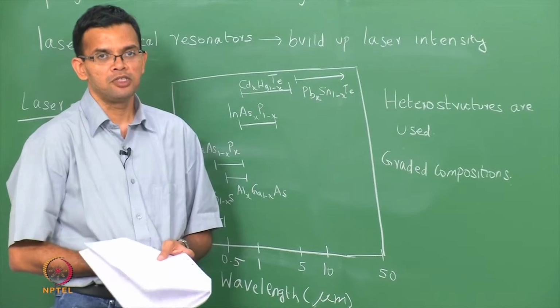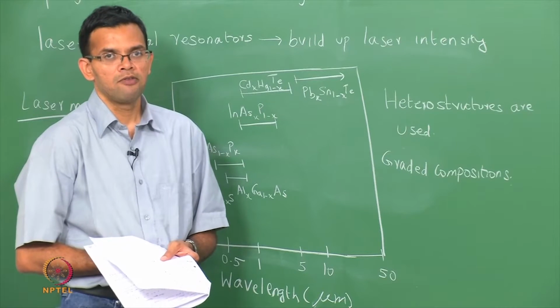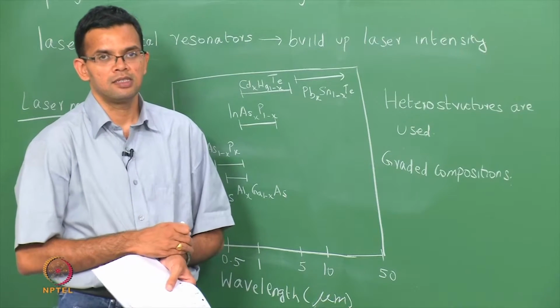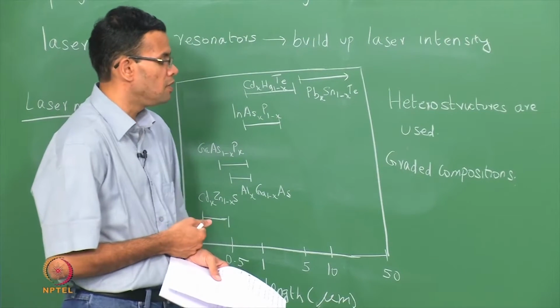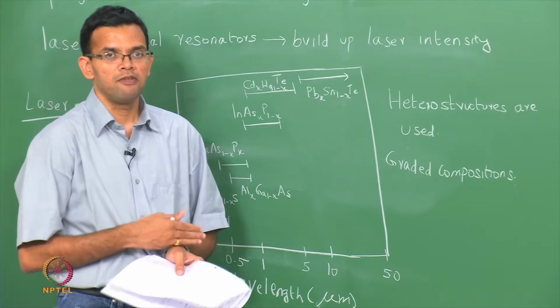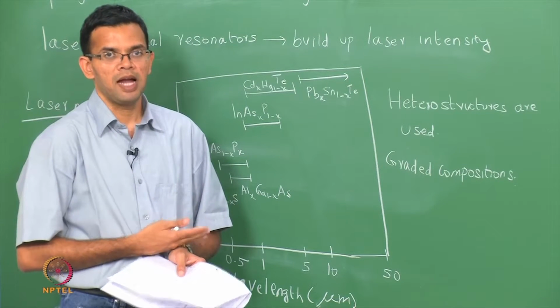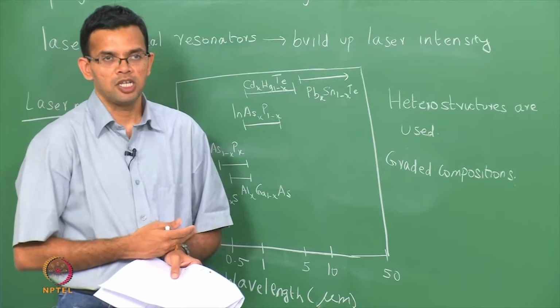If you have a huge lattice mismatch, that leads to defects at the interfaces. If you want to grow epitaxial layers, we want to have lattice parameters as close as possible. So, graded compositions help to achieve that, because they give you the change in the band gap, while at the same time allowing you to grow epitaxial layers.